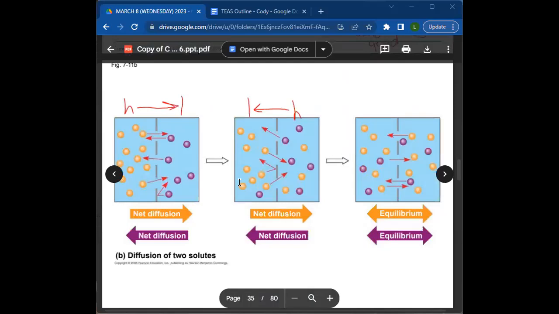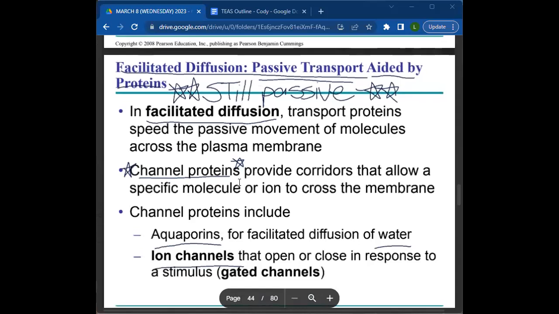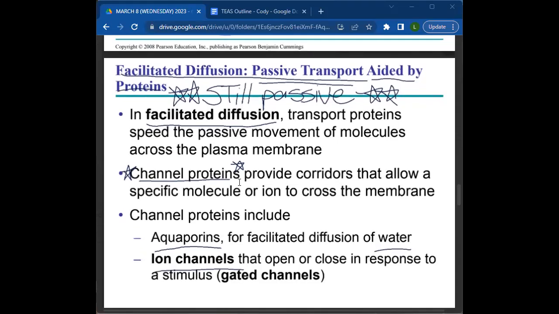Right now, let's skip down for a minute and take a look at facilitated diffusion. Remember, thinking back to a few minutes ago, the substances that do need the help of a protein, which were they? Were they the nonpolar or the polar substances that need a protein to be transported? Should be polar. Polar substances need the help of a protein in order to move from one side of the cell membrane to the other.